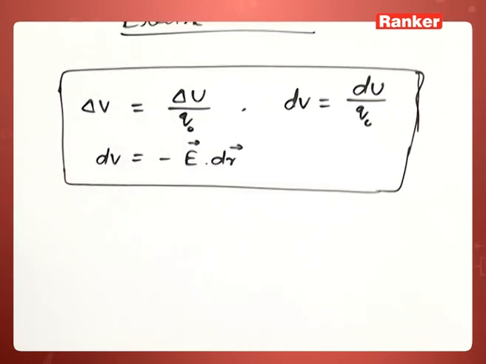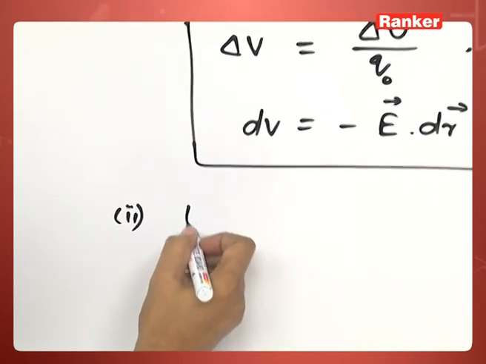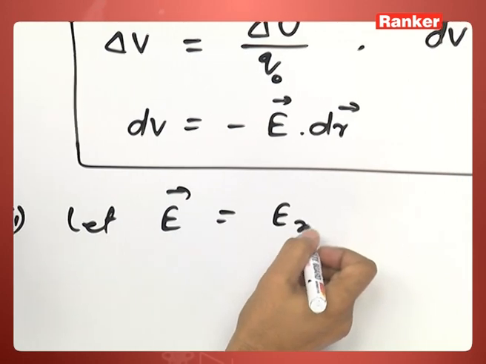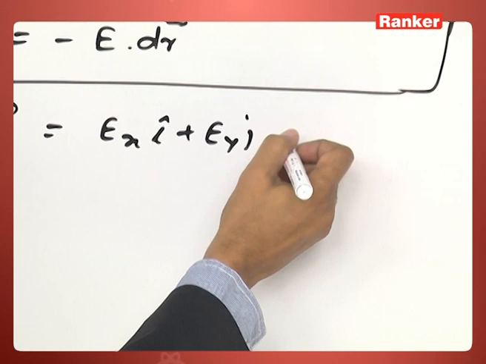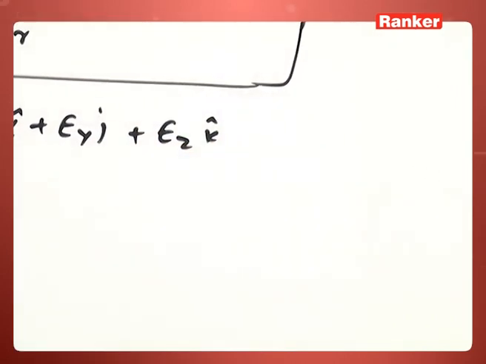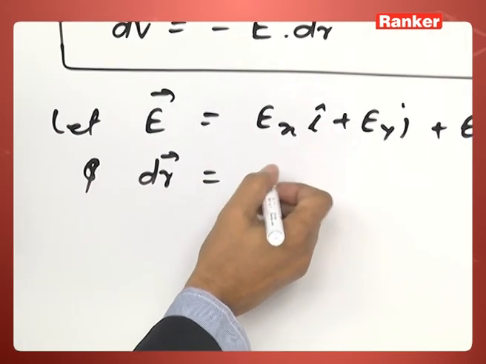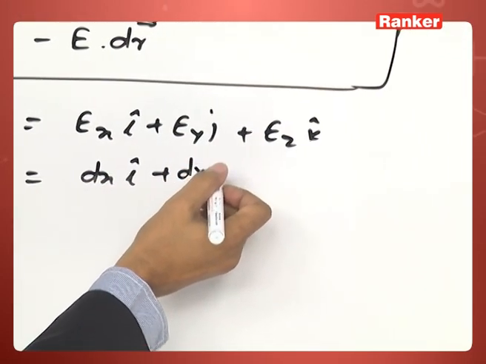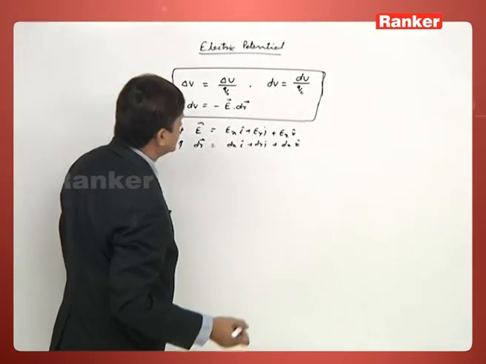See, second point, let E is given as Ex i cap plus Ey j cap plus Ez k cap, and dr can be written as dx i cap plus dy j cap plus dz k cap.